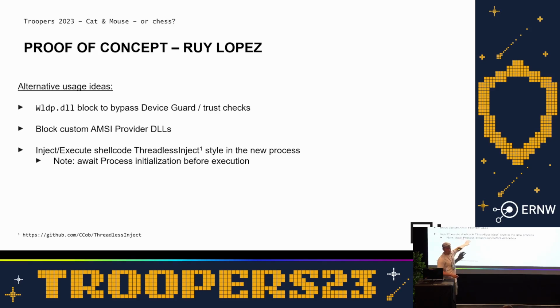And as NT-create section is always called, and it's even called before process initialization, we could also block EDR DLLs, and afterwards we could execute our shellcode, which is embedded, or we could decrypt it at runtime and execute it to have shellcode execution in the newly spawned process. And this will not be done with a new thread, because we don't need a new thread to do that. So we can avoid some further IOCs here.